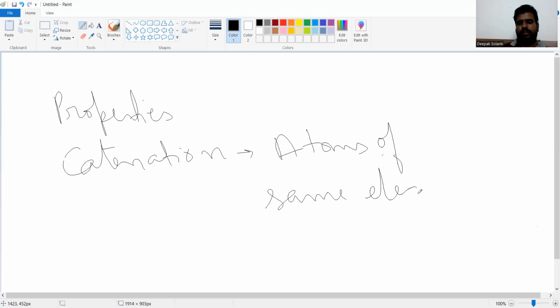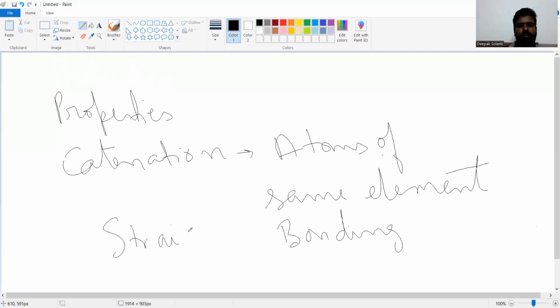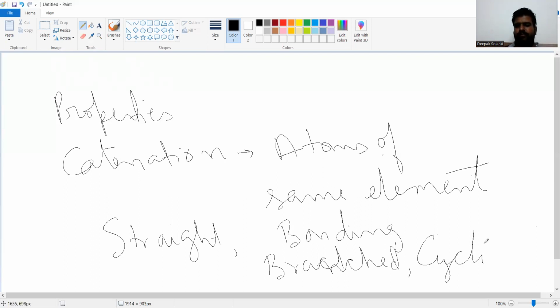There should be bonding between atoms of the same element, either in a straight chain, in a branched chain, or in cyclic form. That property is known as catenation.